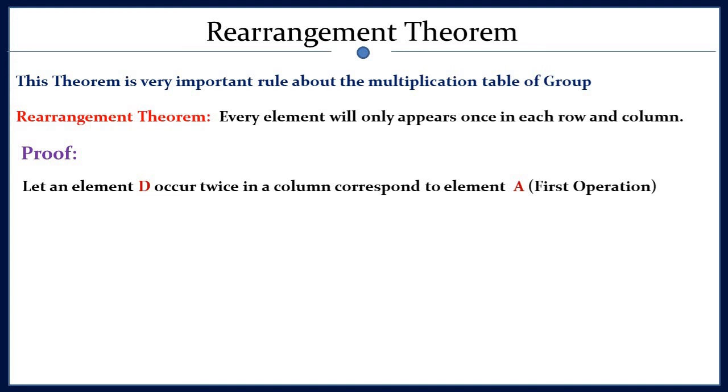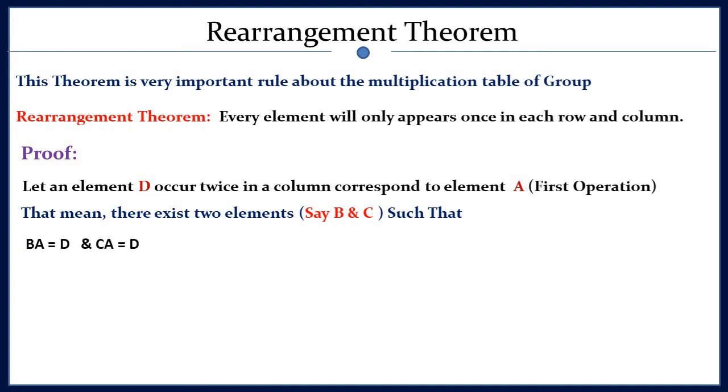What does it mean? It means you must have two elements for the second operation, let's say B and C, such that B multiplied by A is D and C multiplied by A is D. If this condition is satisfied, then only D will appear twice in a column.